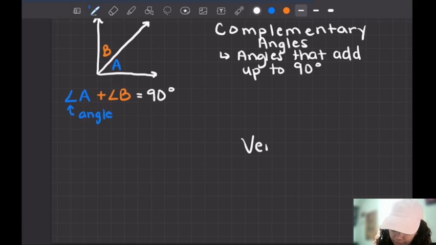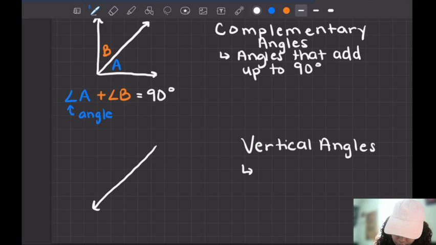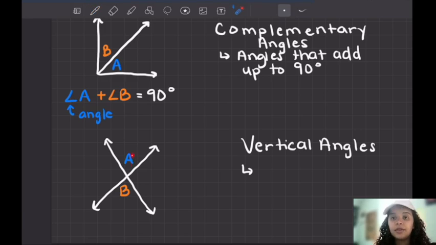We also have something called vertical angles. Vertical angles. And these angles, I'm going to go ahead and draw it first because it's a lot easier to draw it to explain it after I draw it. So for example, this angle A and this angle B, these are considered a pair of vertical angles because they're right across from each other. They're vertical to each other in a way, okay?